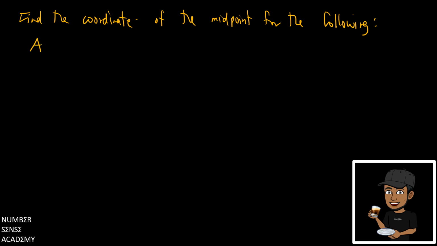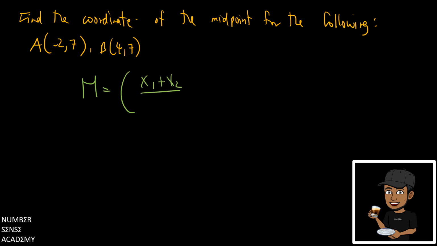So I have A, and that's going to be -2, 7, and I have B, 4, 7. Okay, so I'm going to find the midpoint. So we're going to say M is equal to x1 plus x2 divided by 2, and then y1 plus y2 divided by 2.